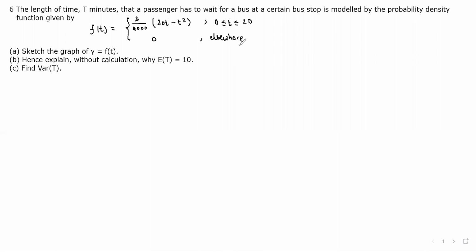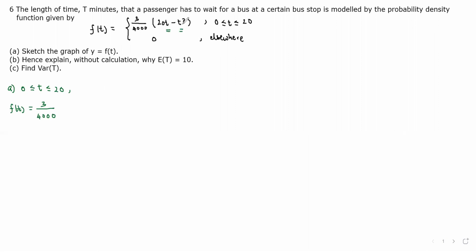Part A, to sketch the graph of the density function. We consider the time in between 0 and 20; it is 0 elsewhere, so that is irrelevant. f of t is 3 over 4,000, which is just a constant.